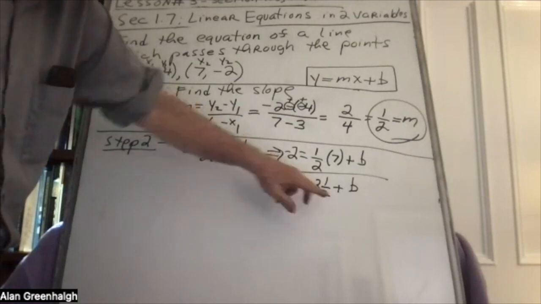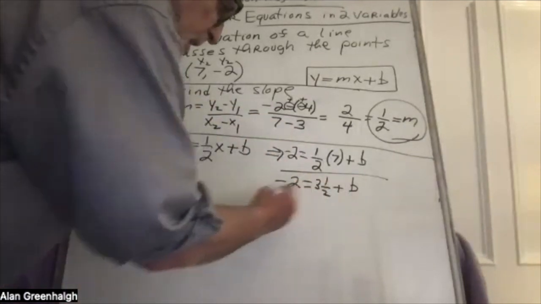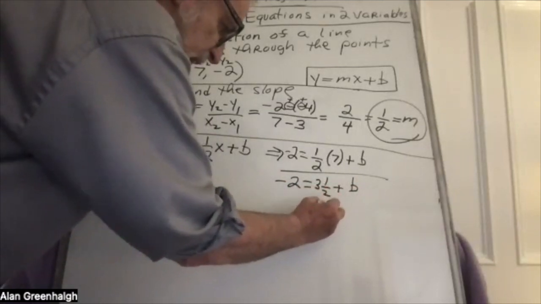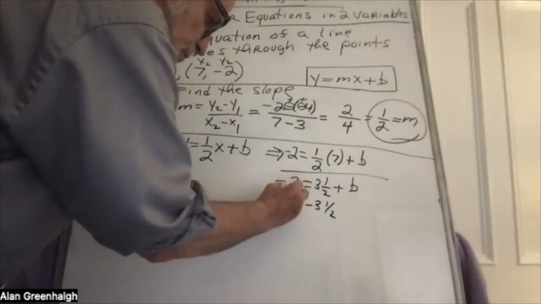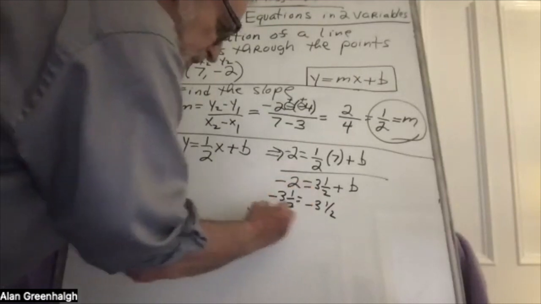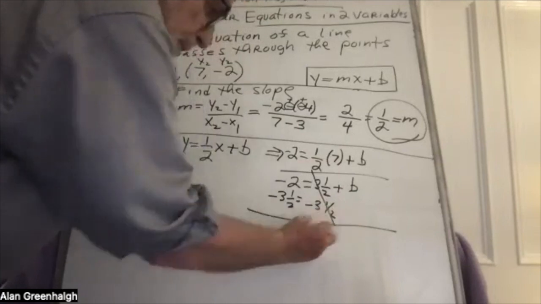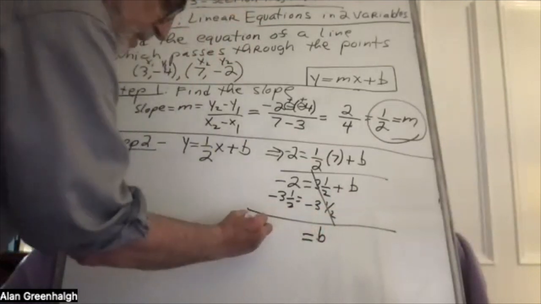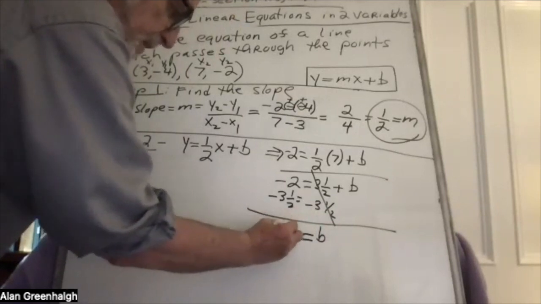That's fine also. Now we want to solve for b, so -3.5 on both sides of the equation. That drops out. We wind up with b equals -5.5.